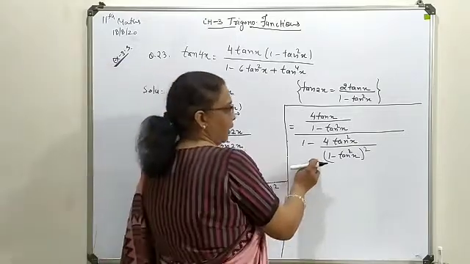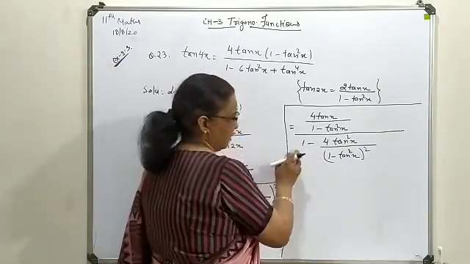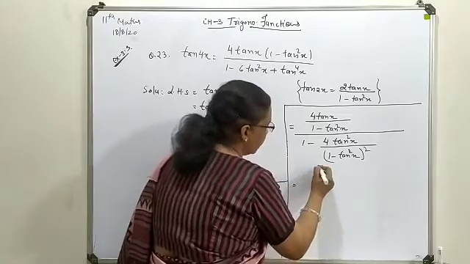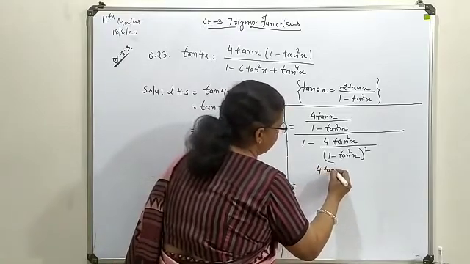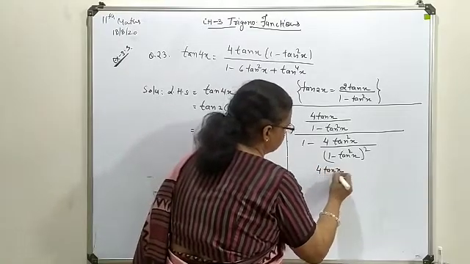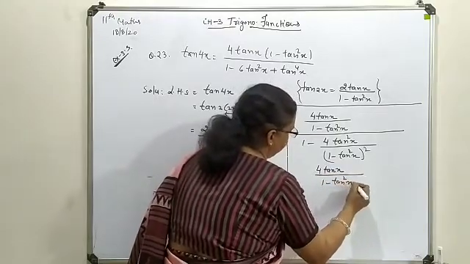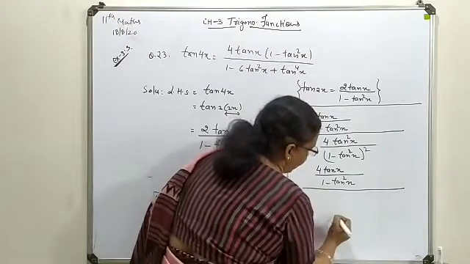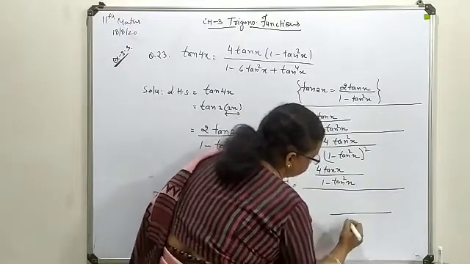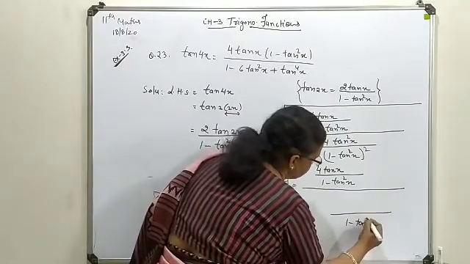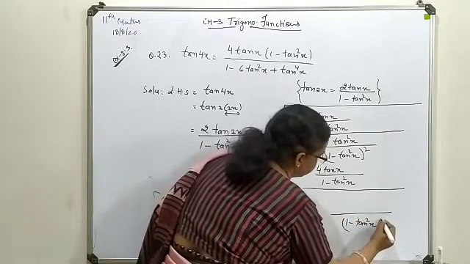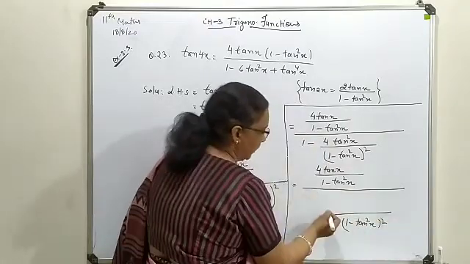Now in denominator go for taking LCM. This numerator term just now you write as such. Here the LCM term is, obviously it will be multiplied here.